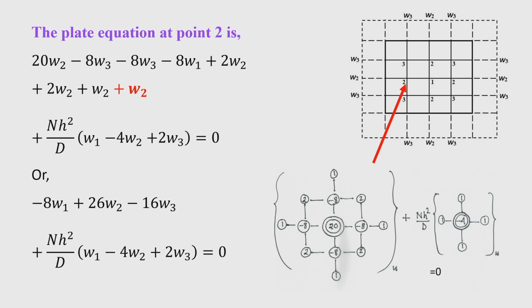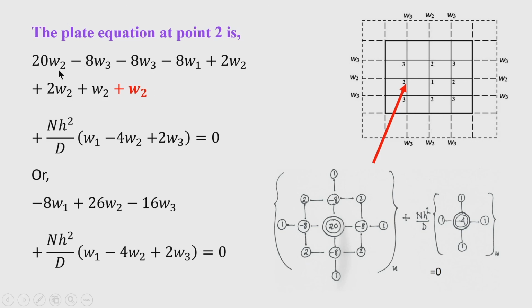For the fixed condition, the deflection of the imaginary point is equal to the deflection of the image point. So, this term is coming here with W2, that I have indicated with the red color, to understand that it is due to the imaginary nodal deflection expressed in terms of the corresponding image node deflection inside the plate.